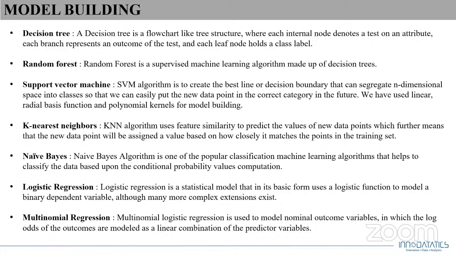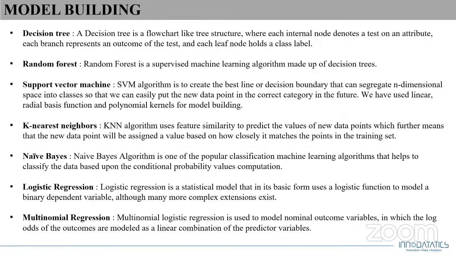A support vector machine creates a decision boundary which segregates data into different classes, with which new data can be easily segregated. K nearest neighbor: when new data is passed into the model for prediction, new data points are compared with trained data and prediction is done based on the similarity with the points in the training set.